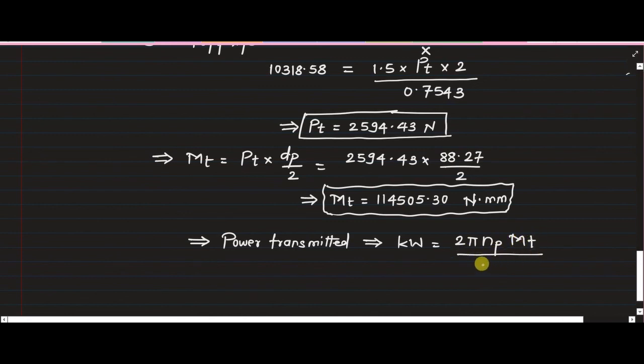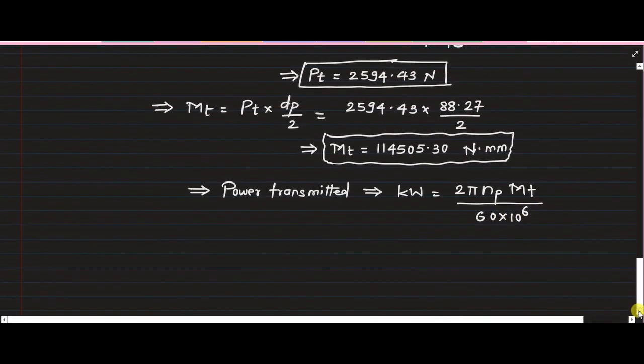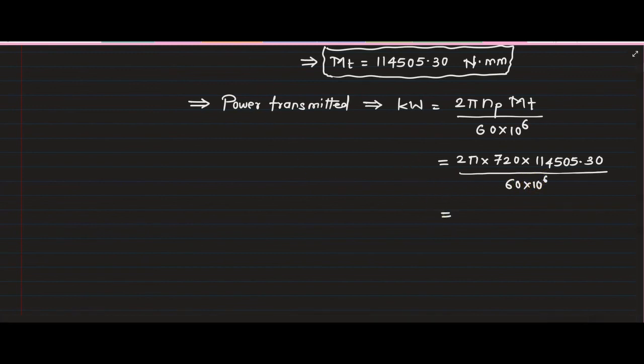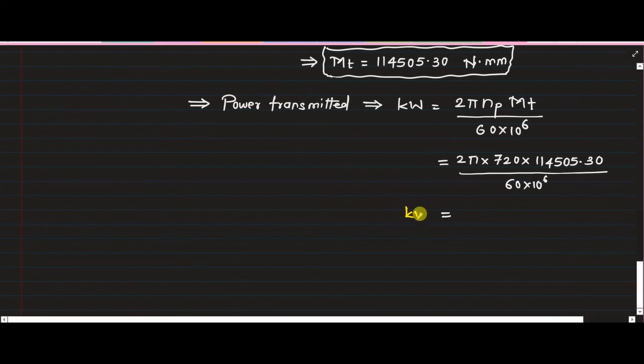So kW is 2 pi, the speed of rotation is 720, then MT is 114505.39, divided by 60 into 10 raised to 6. So the final answer, the power transmitted by this gearing system, is 8.63 kilowatt.